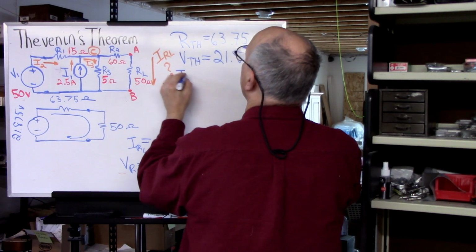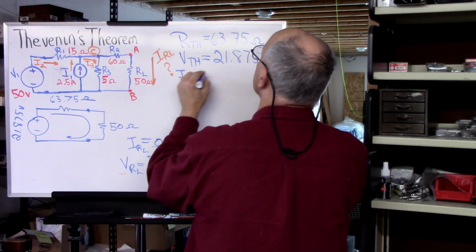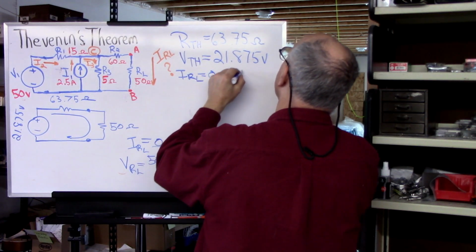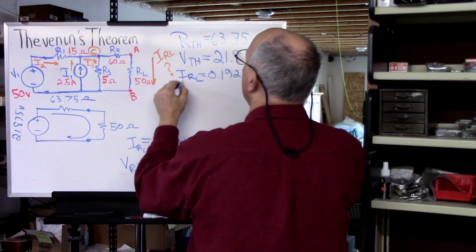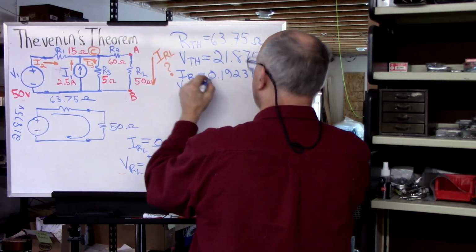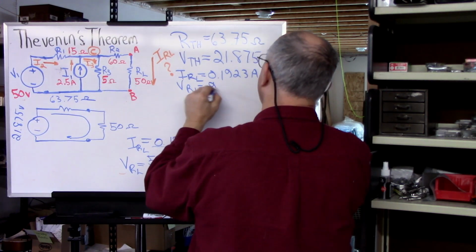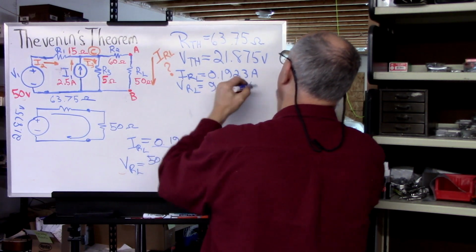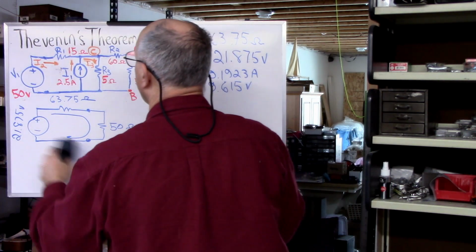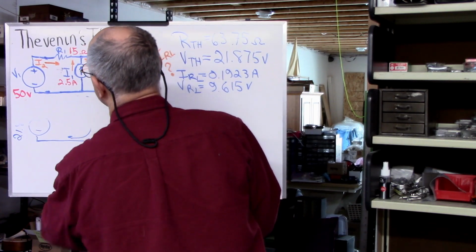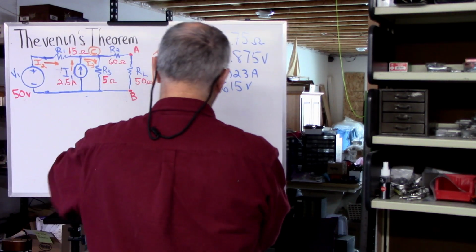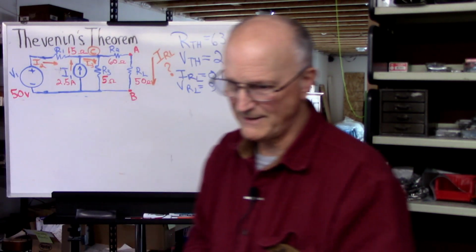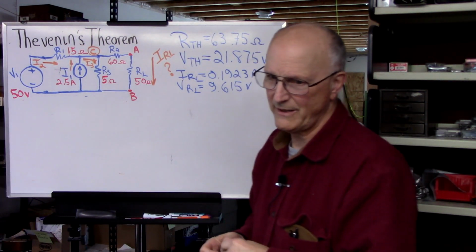So IRL is equal to 0.1923, VRL is equal to 9.615 volts. Now let's go back and check our work, because that kind of proves whether we did it right.